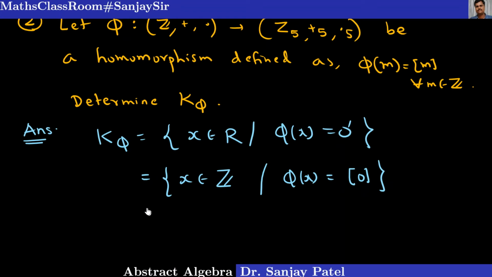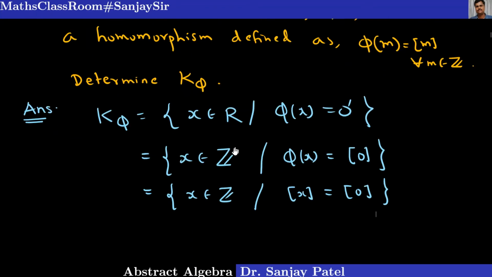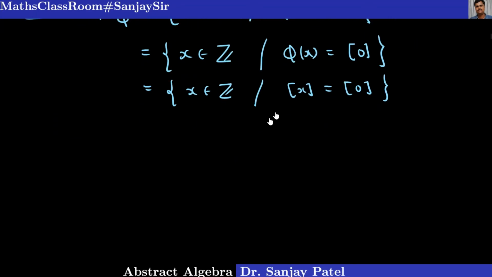So this gives us the set of all x belonging to Z, remember x is an integer here, for which phi of x, that means the equivalence class of x, must be equal to the equivalence class of 0, because by definition phi of m is equal to class m. And to find the value of x, you have to use the properties of equivalence classes.